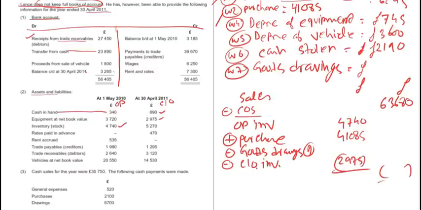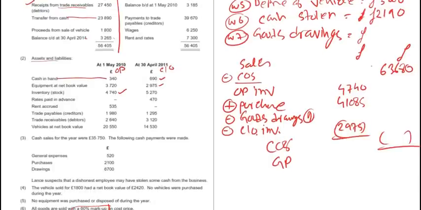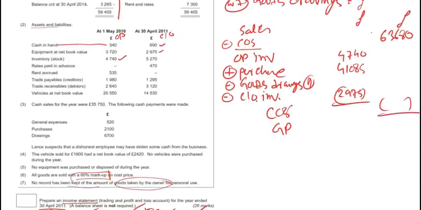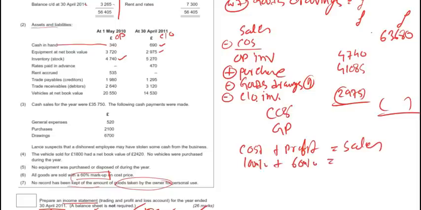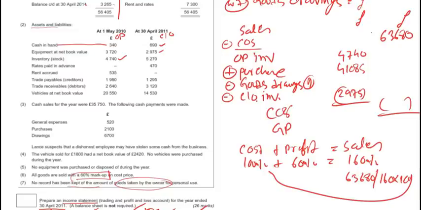Once you've done it, you get cost of sales, and sales less cost of sales gives you gross profit. Well, markup is given, and we've got our sales. I'll apply my formula: cost plus profit equals sales. Cost is 100%, markup profit is 60%, your sales is 160%, and this time our sales is 63680 divided by 160 times 100.